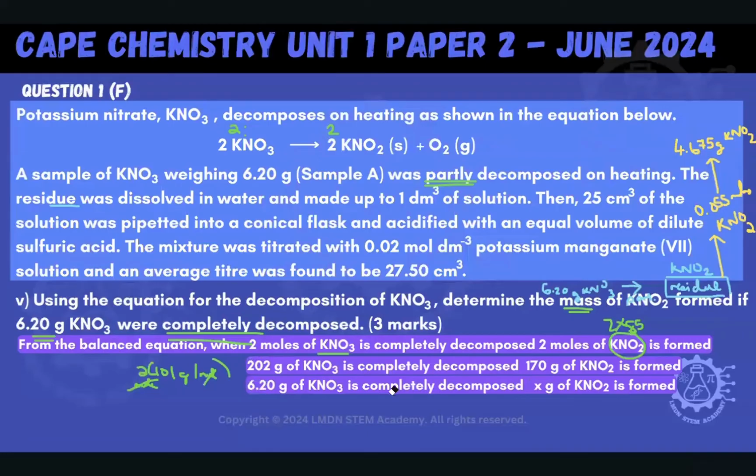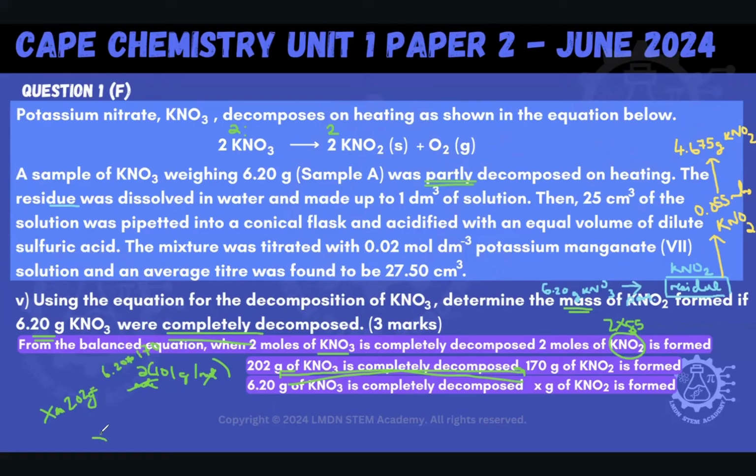So again, we have a cross multiplication situation, where X times 202 grams is equal to 6.20 times 170.